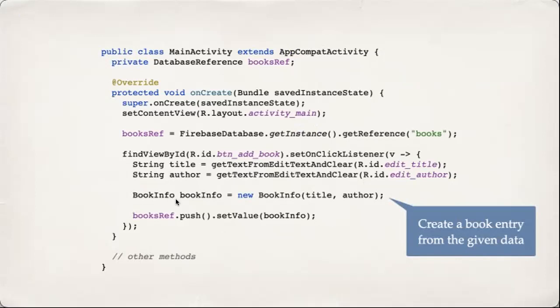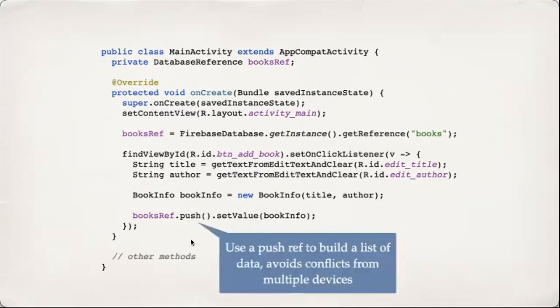But you'll spot a small difference here. We are doing bookref.push().setValue instead of bookref.setValue as before. So push, which you get by calling .push on the reference object, is recommended for creating list data. Okay, so here we want to add a bunch of books, so we want to use a list.